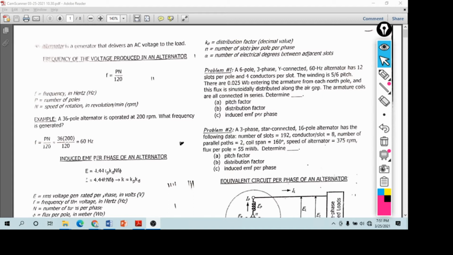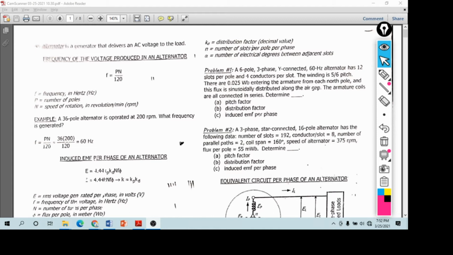Okay, so this time we are going to focus on AC voltage generated by alternator. Okay, so AC voltage might be a single phase, or it might be a three phase voltage.